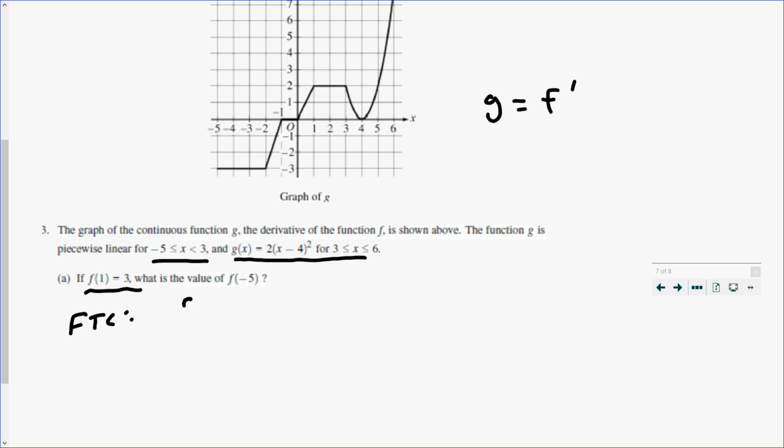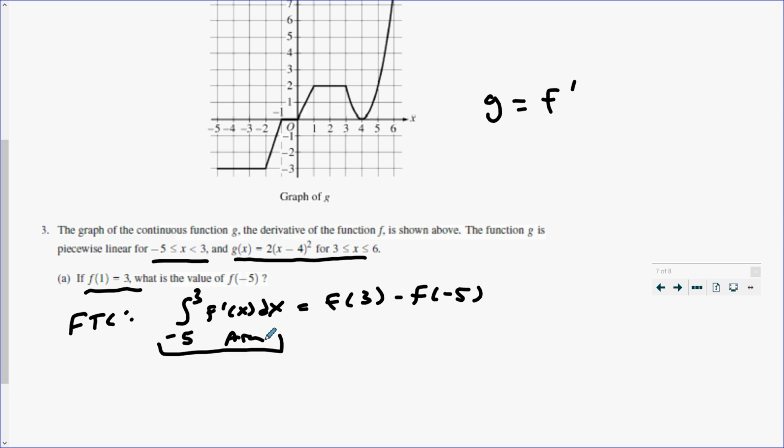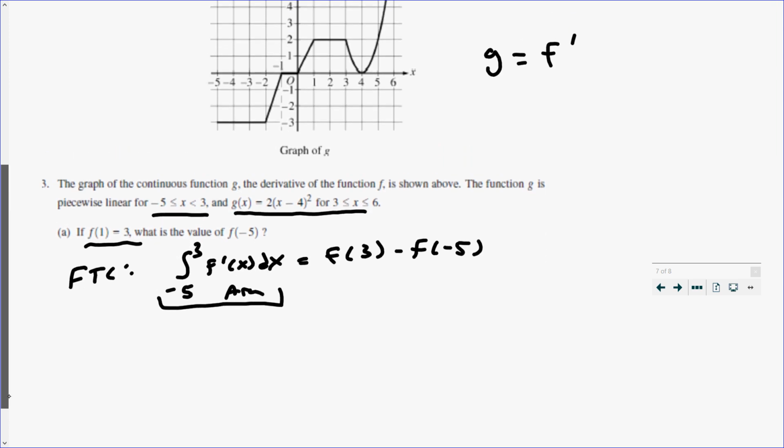So I'm going to integrate this from -5 to 3. I do like to go in order. The integral of f prime of x dx is going to equal f of 3 minus f of -5. So we have to look for the area here. And I'm sorry, this one is going to hurt.